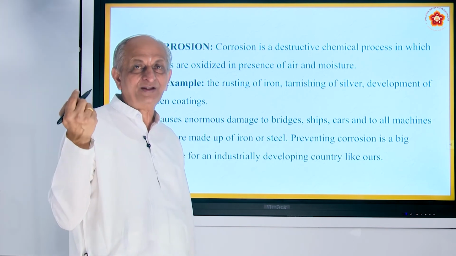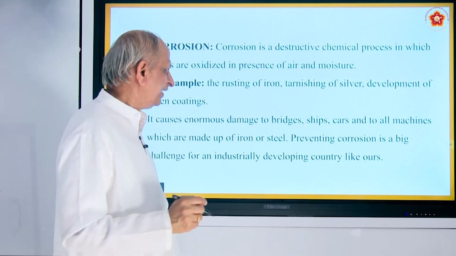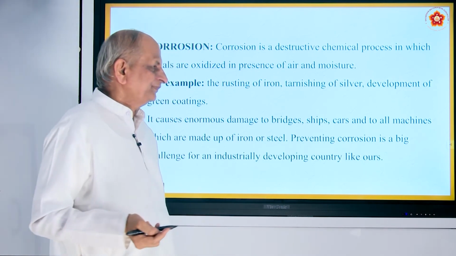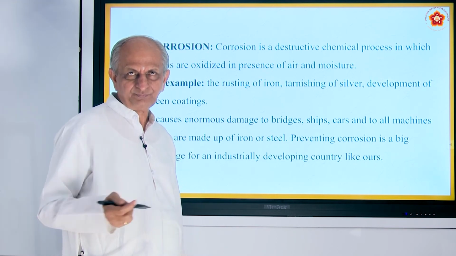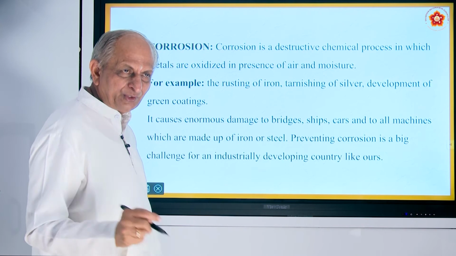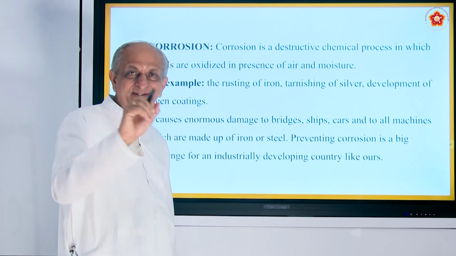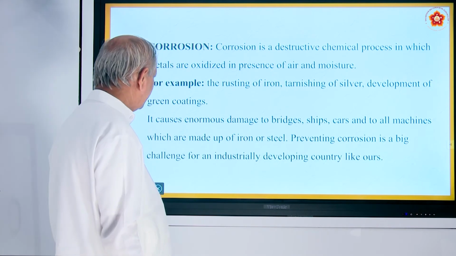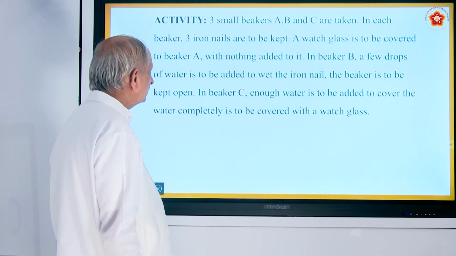It is a challenge for scientists now: how it is not rusted, why it is not rusted. But anyway, in those days the people were so devoted, so hardworking, even though they had not studied any chemistry, they had learned practical chemistry. Okay, so this is about rusting of iron.